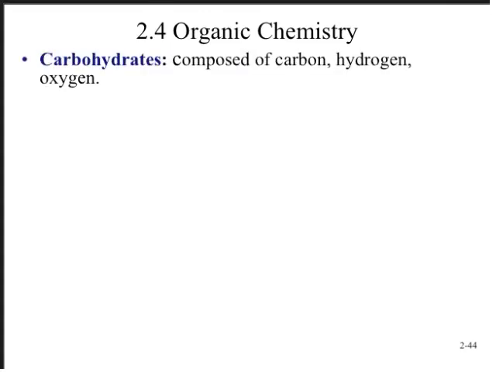Our first carbon-containing compound we're going to talk about are carbohydrates. They're made up of carbon, hydrogen, and oxygen in a very specific ratio, and that ratio is demonstrated here, where we have C and then in parentheses H2O, and then we follow this with an n, which indicates the number of carbons in that particular carbohydrate.